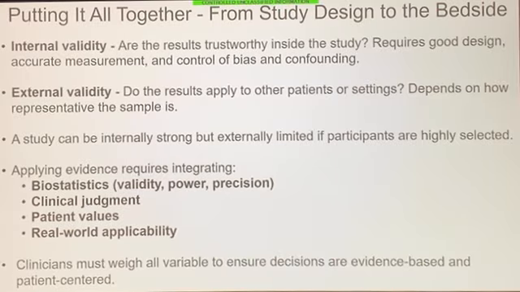We're going to talk about biases tomorrow. And then external validity is how well these findings extrapolate to the general population. If it doesn't extrapolate to the general population, then it's not really a good study and probably not something you would want to use to treat your patient. But those are all considerations.